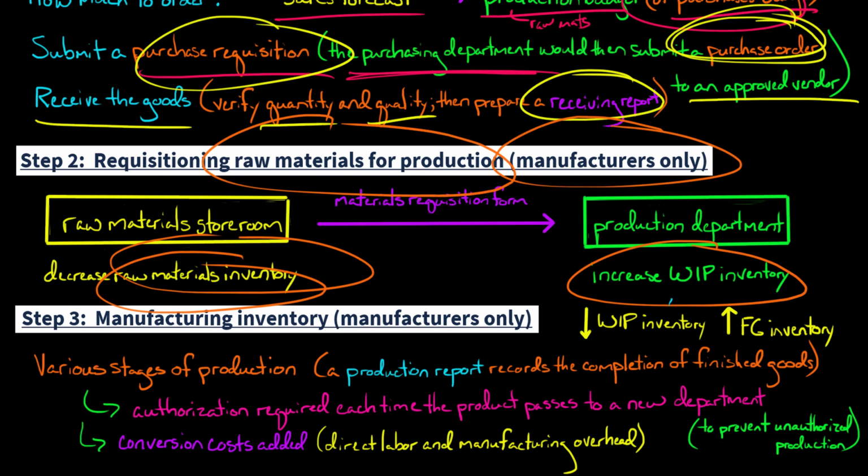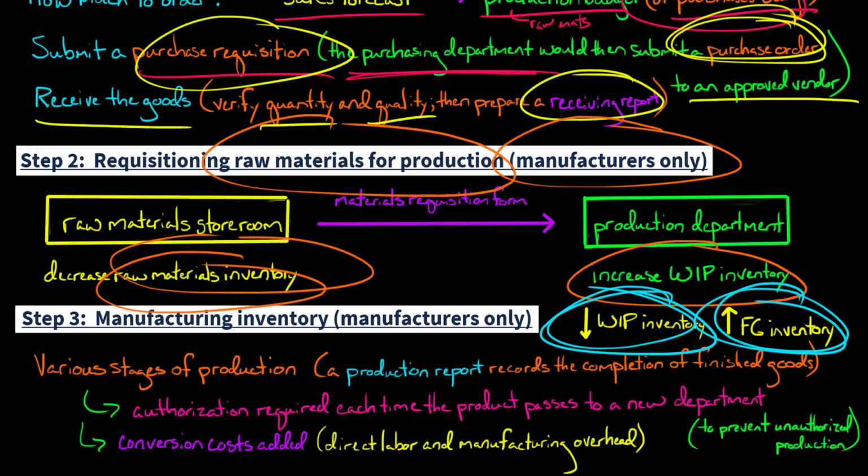The company would reduce its work in process inventory account once it's no longer partially completed and it's actually finished, and increase finished goods. So when you finish the partially completed inventory, decrease work in process inventory, increase finished goods inventory.